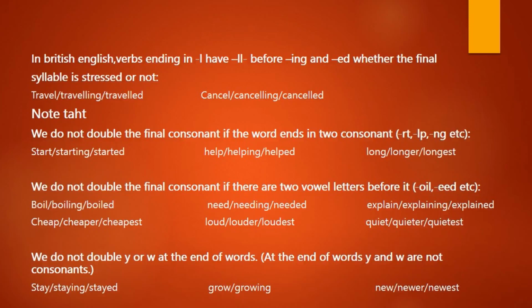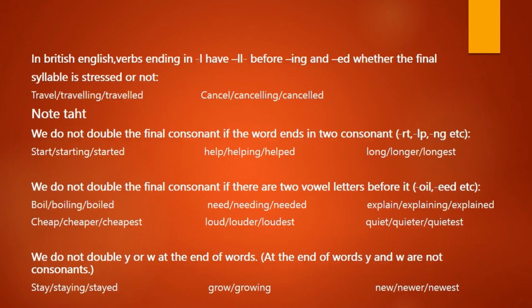In British English, verbs ending in l have double l before ing and ed, whether the final syllable is stressed or not. For example, travel, travelling, travelled, cancel, cancelling, cancelled.